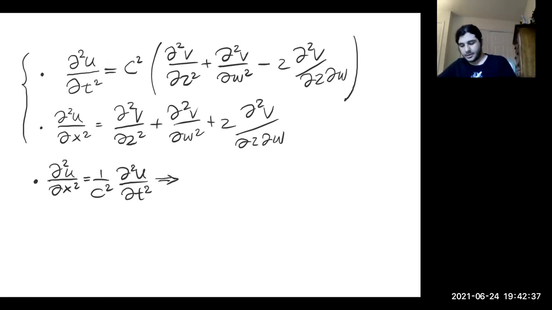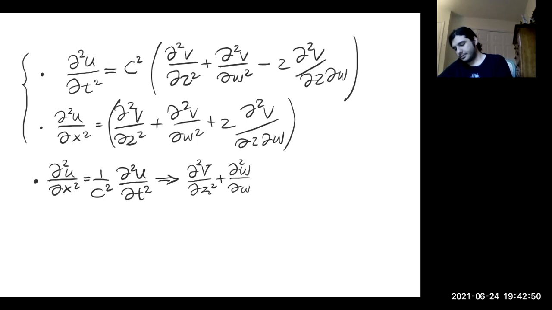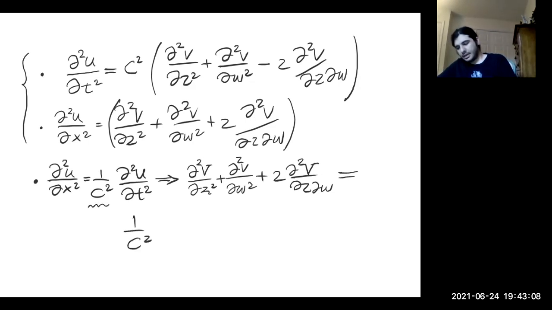the second derivative with respect to x is what we have here. So it would be second derivative of v with respect to z. So I would just write that. Equals 1 over c squared, which comes from here, times what we have here, but we have c squared times something, so they cancel each other.